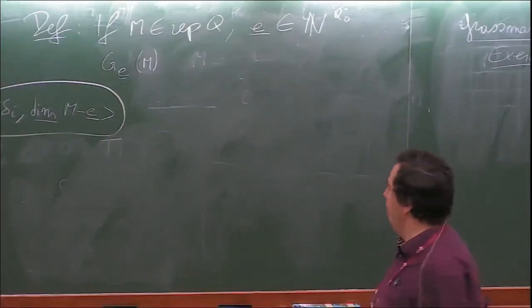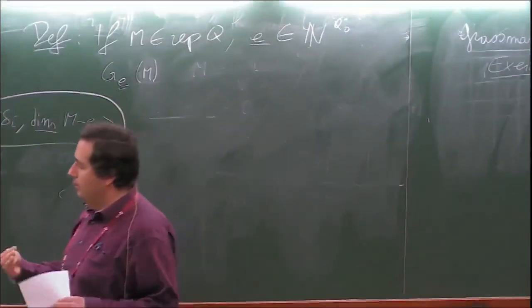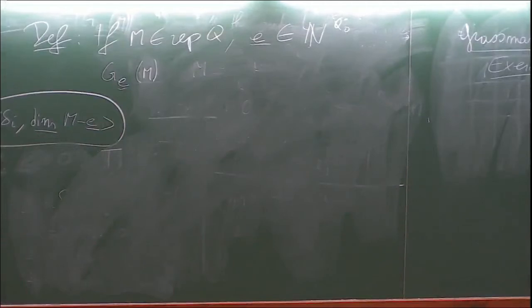Actually, they're not that difficult. What is the condition to be a submodule of a given module? It's essentially that at each vertex you have sub-vector spaces.